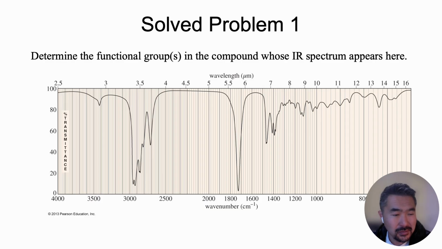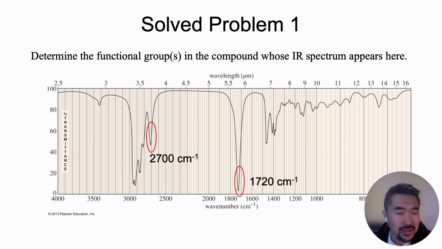solve this problem, from another textbook? We want to know what kind of compound we have here based on the IR spectrum. One of the things that stands out, of course, is this carbonyl at 1720 wave numbers. And then we see these interesting two peaks, 2700, 2800. That's very diagnostic of something.